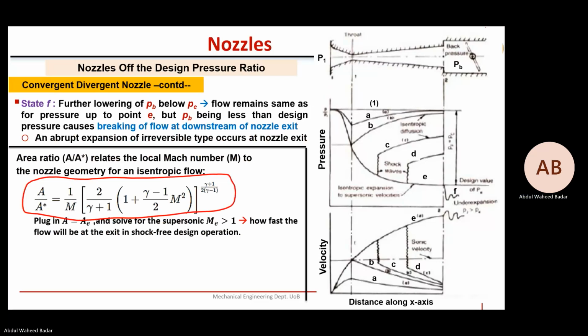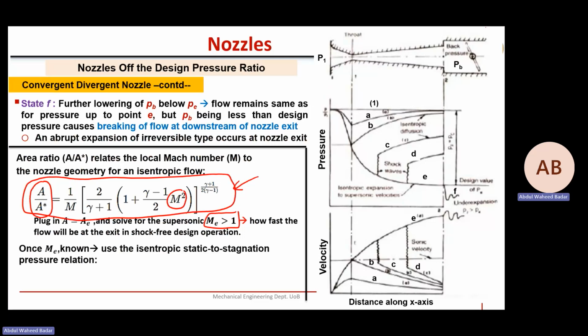Whatever Mach number we want, we can find this area ratio. This is an equation. Whatever supersonic flow we want. And corresponding to this one, what should be the pressure ratio? This is the equation.